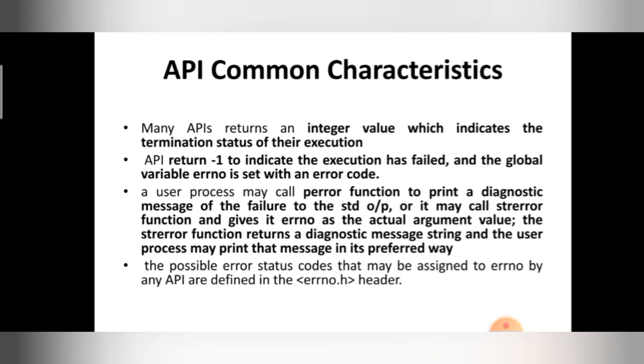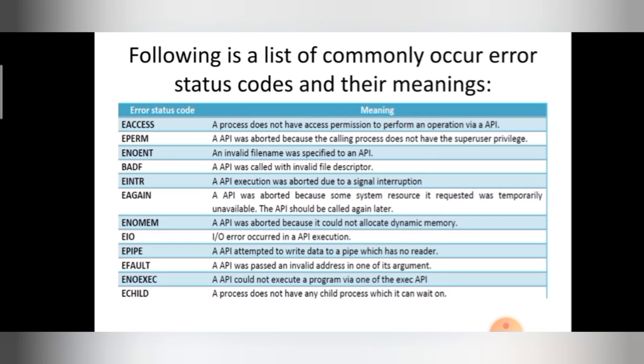Based on that error code, the diagnostic message will be displayed, telling the user what to do when the error occurs. Now you will see the different types of error status codes defined in the errno.h header. So these are all the different status codes and their meanings.